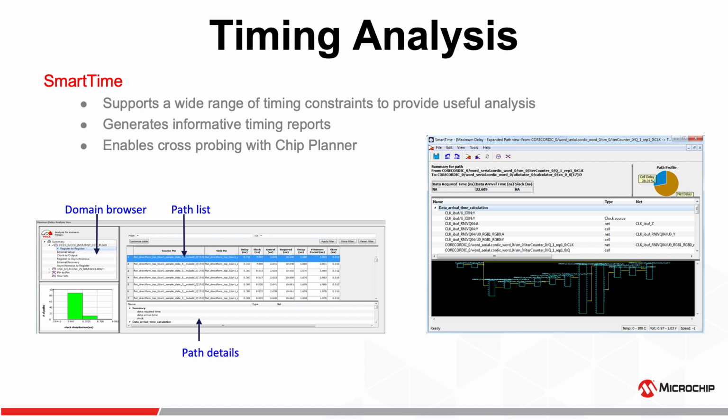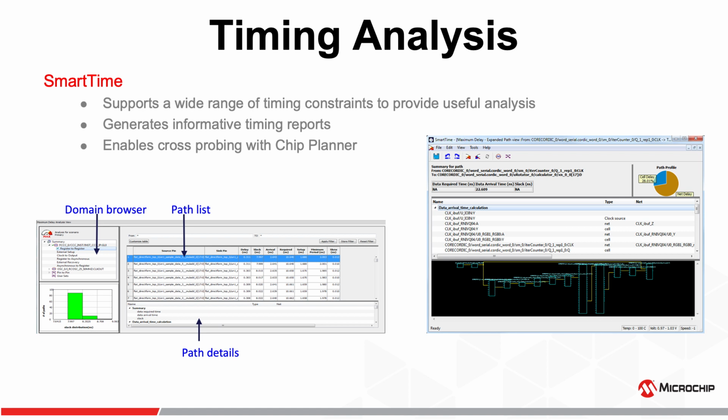It will show the delay of each component, and it will calculate the arrival time for the path. And for the same path at the bottom, currently I didn't show the data required time calculation. At the bottom you have the data required time. So data required time minus data arrival time is a slack that should be positive.